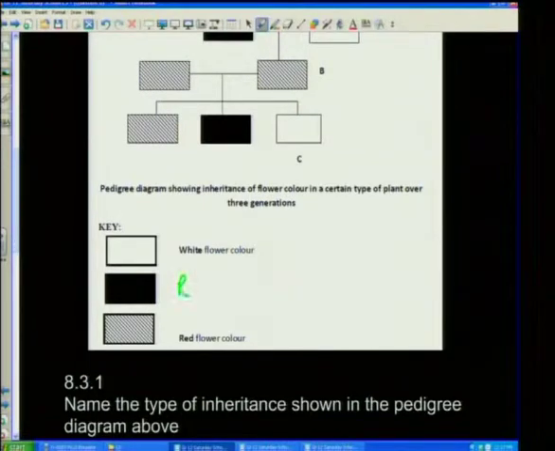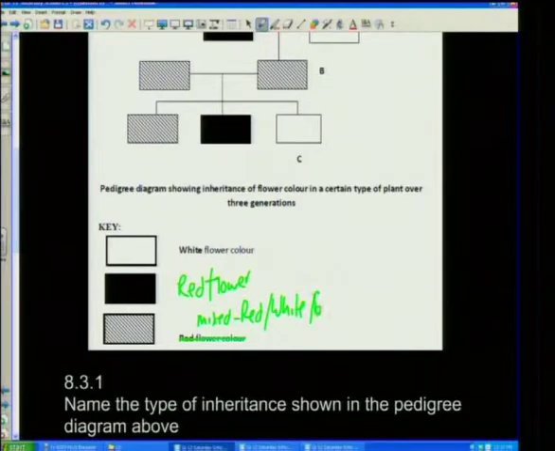This should be a red flower, and that should be a mixed red white flower. In other words, they're saying that both red and white show in this particular pedigree.